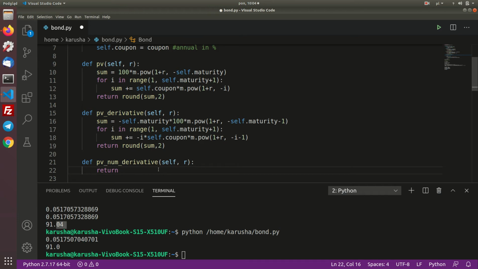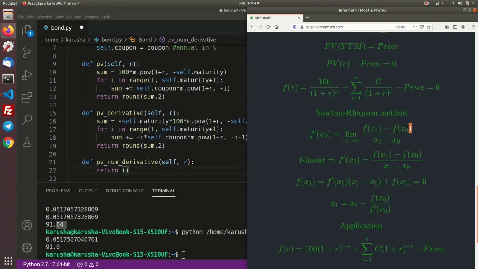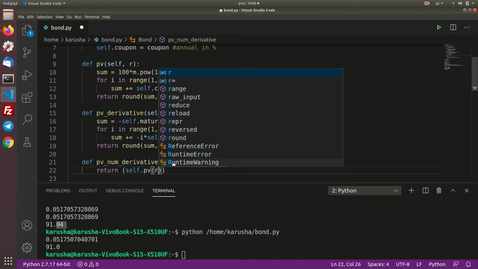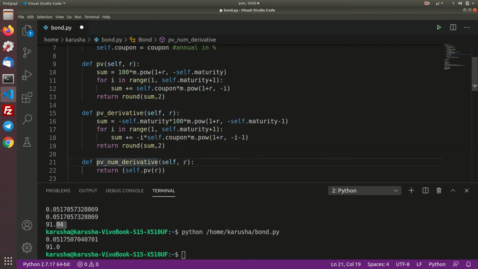and here we're going to return this exact ratio. So we're going to use the self PV. This will be the numerator of the function, right? And this will also be based on the dependent variable, which is of course the interest rate.